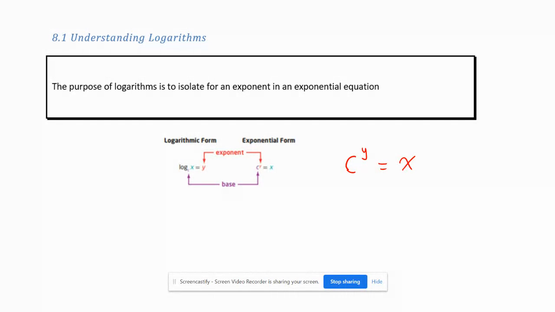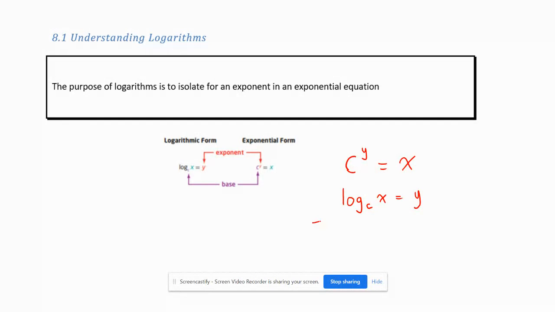What we want is a way to get this y by itself. If we need to isolate this y, the answer is using logarithms. So another way of writing this is the logarithm in base c of x equals y.